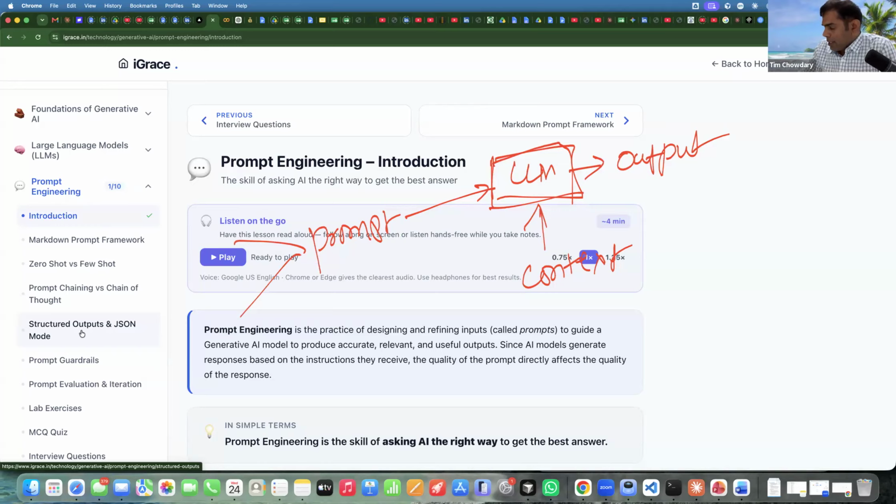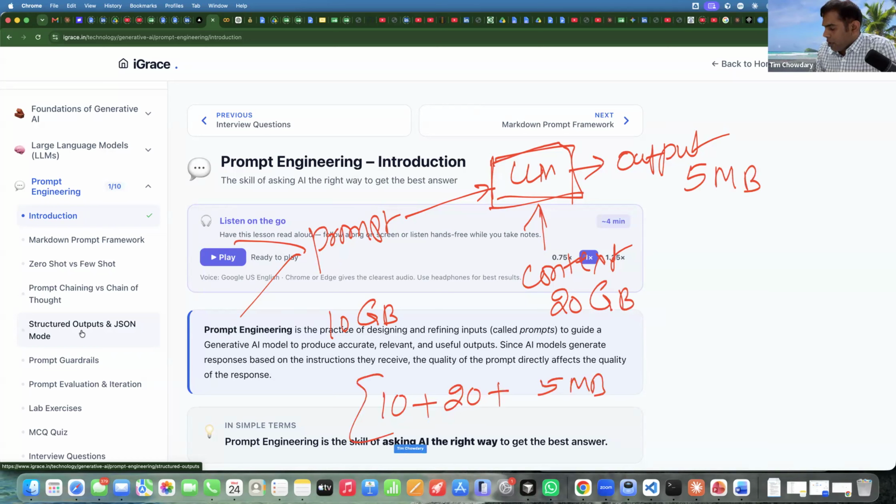Let's say this is 10 GB, this is maybe 20 GB, and this is, let us say, some 5 MB. The cost is calculated as 10 GB plus 20 GB plus 5 MB. If you add too many details, unnecessary input, to get the output, the cost is going to spike up.